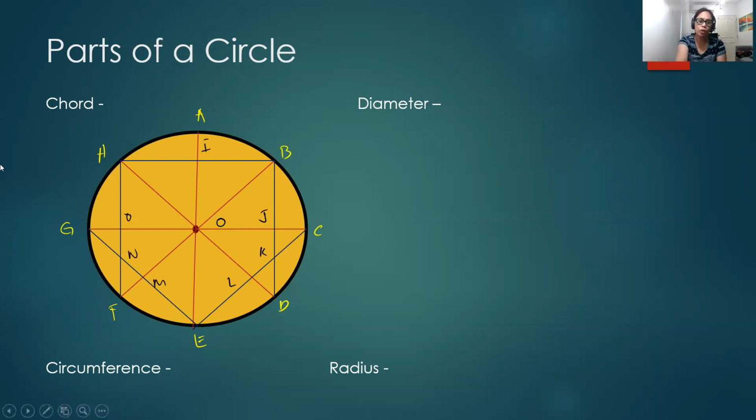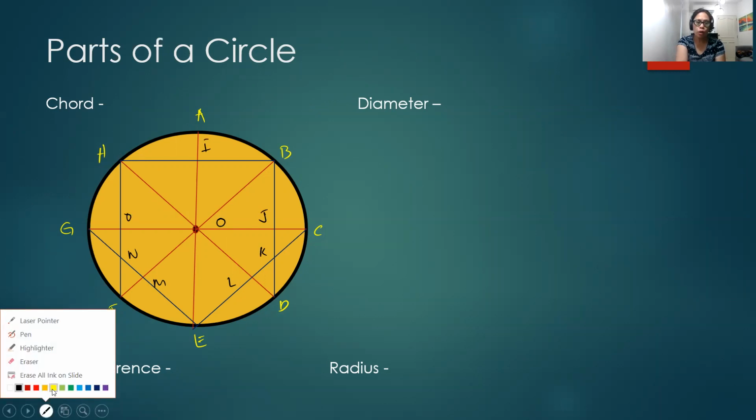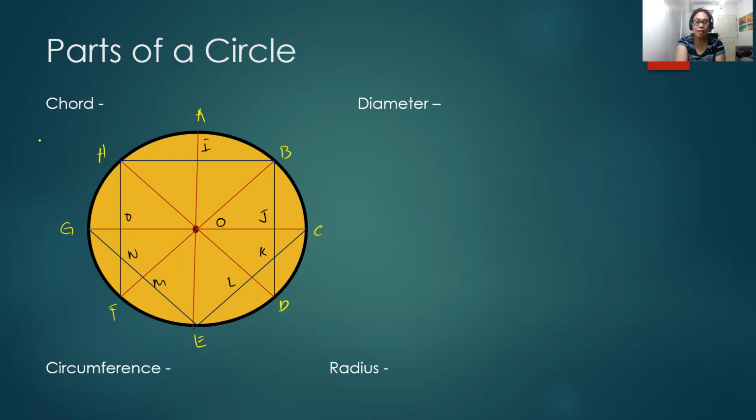If I'm going to name some chords here, we name the chord using the endpoints, and these chords are all line segments. So we have line segment HB, line segment HF, line segment BD, line segment GE.